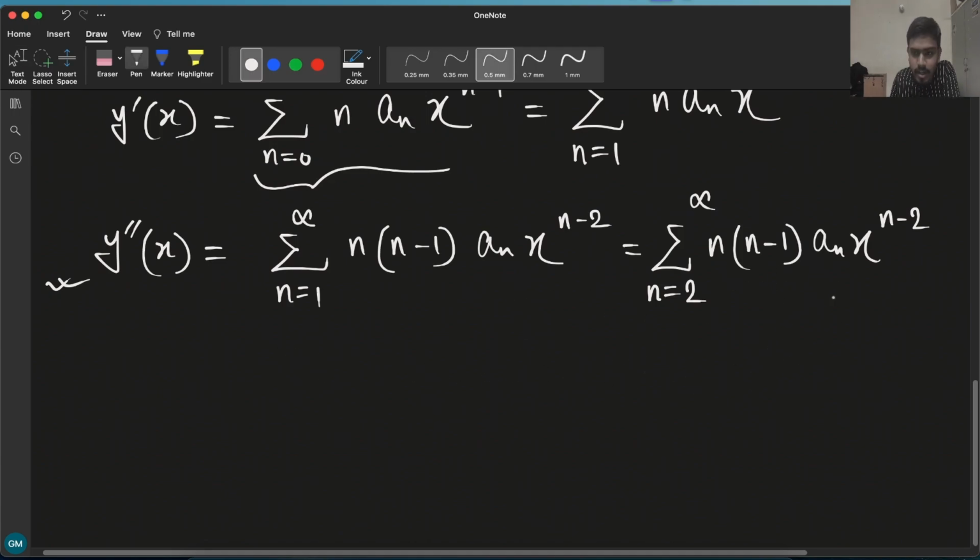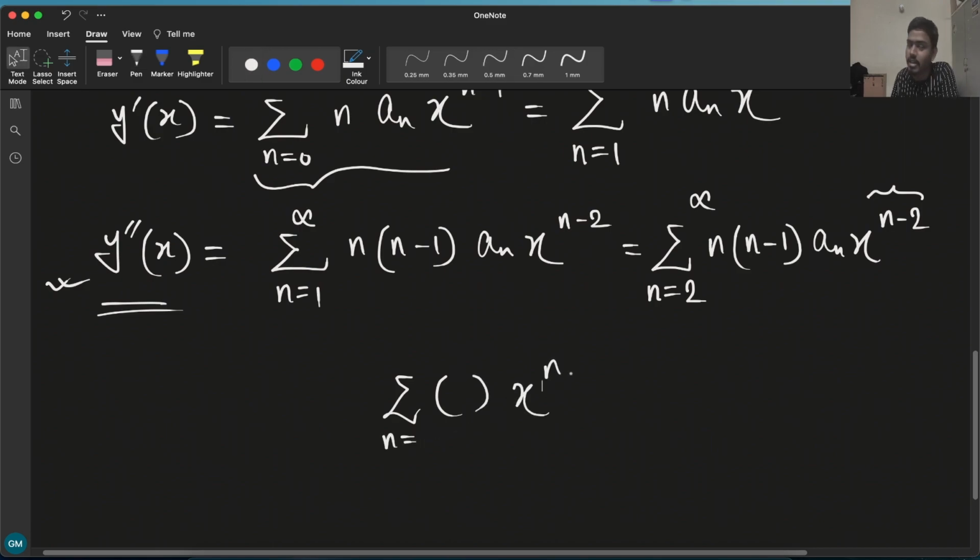So let me first look at this term, y double dash equals the sum over n equals 2 to infinity of n times (n minus 1) a n x to the power n minus 2. Here x has a power of n minus 2, and we want to compare the powers. So we don't want x having power n minus 2, we want terms with x to the power n. In that case we can compare the powers.